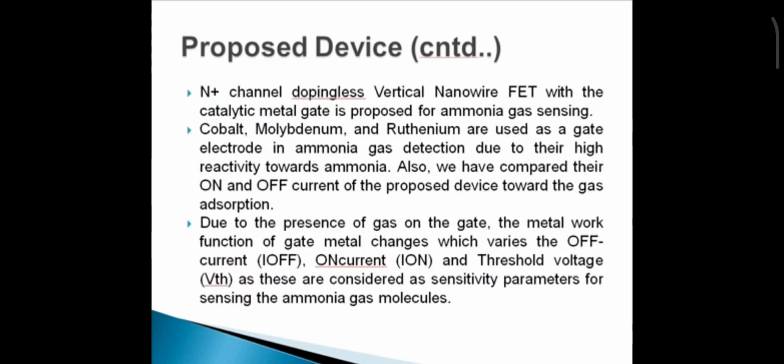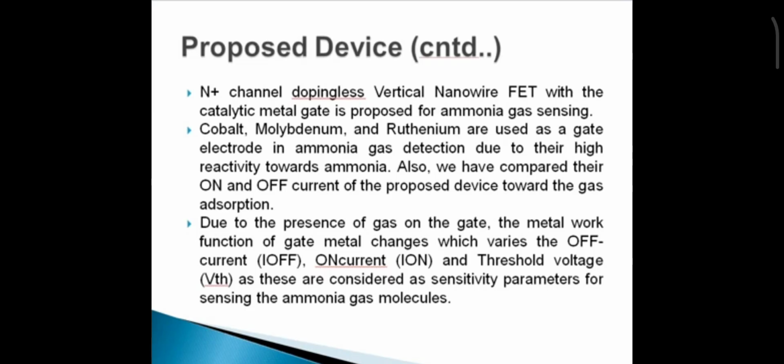N plus channel dopingless vertical nanowire FET with a catalytic metal gate is proposed for ammonia gas sensing. Cobalt, molybdenum, and ruthenium are used as gate electrodes in ammonia gas detection due to their high reactivity towards ammonia. Also, we have compared the on and off current of the proposed device towards gas adsorption.